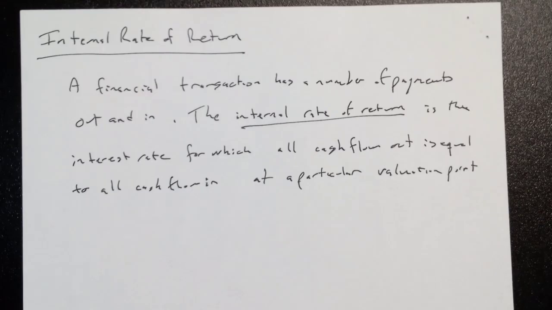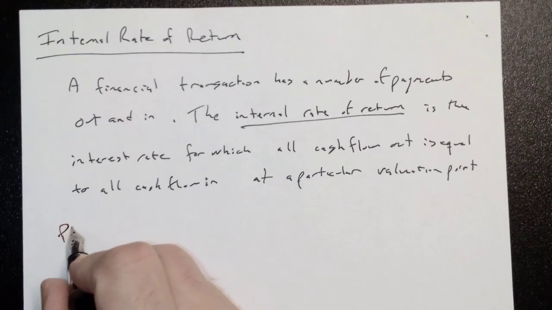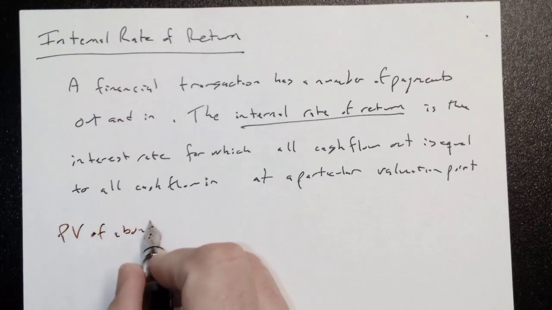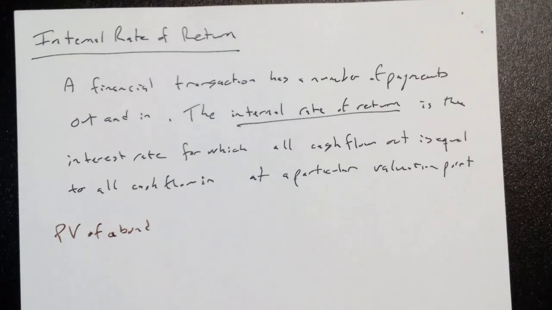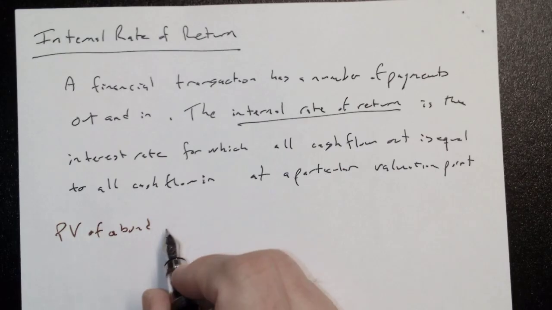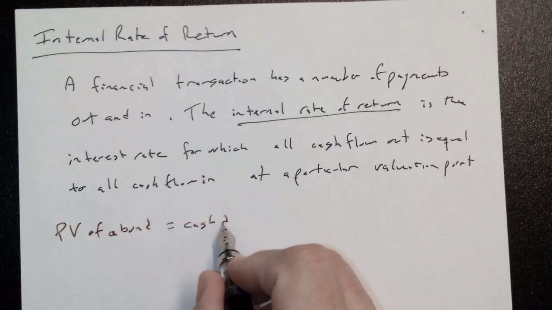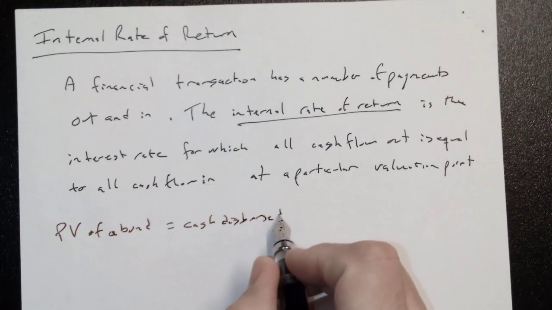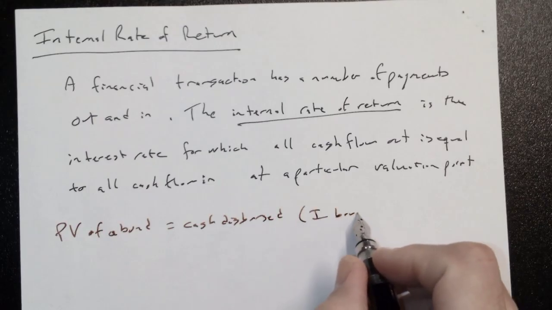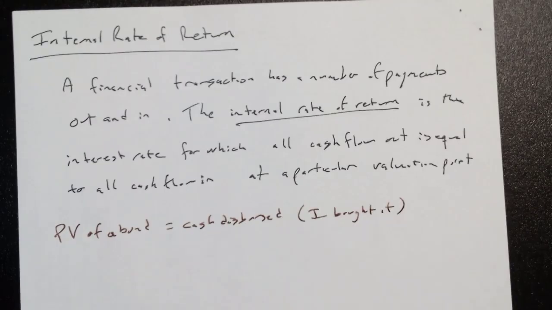If I think about a bond as a good example, I can think of the present value of a bond. Well, that's the price I paid. That's money that came out from me. And then I receive all of my coupons and my payments, and those are what's coming in.